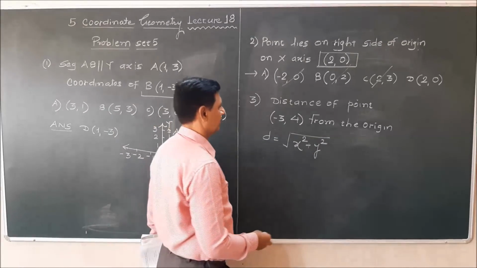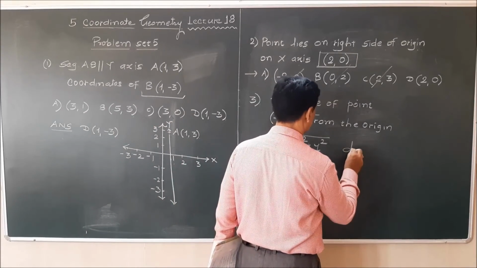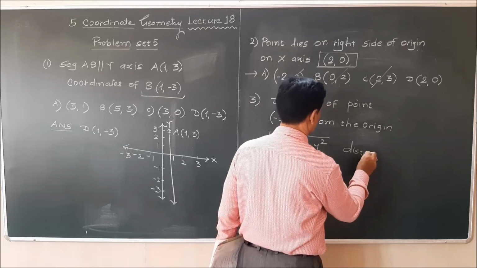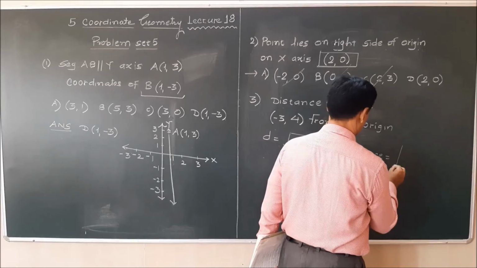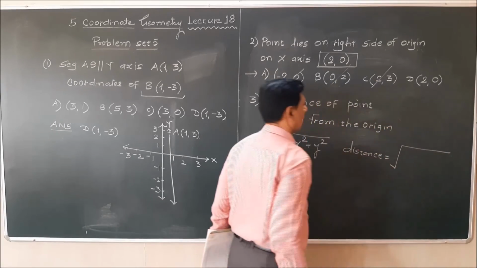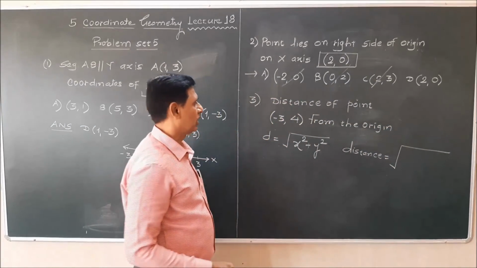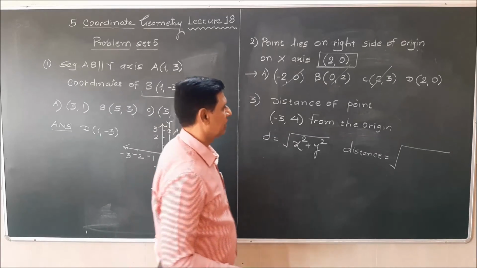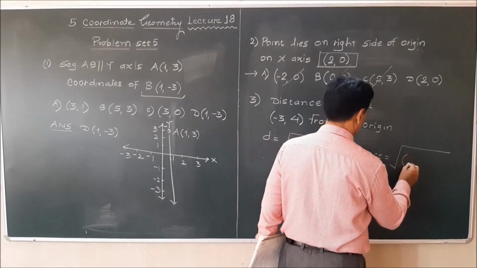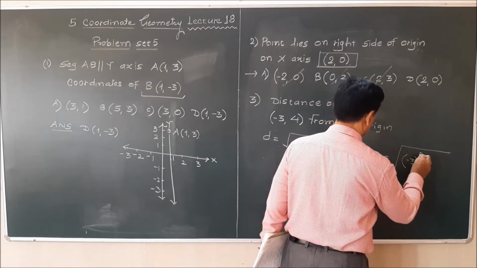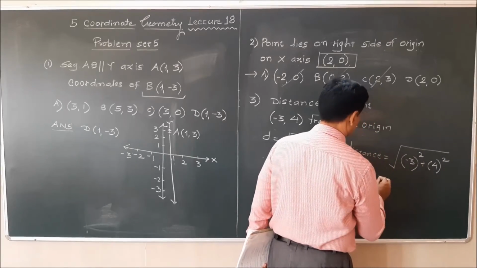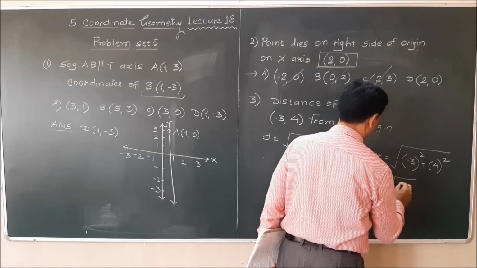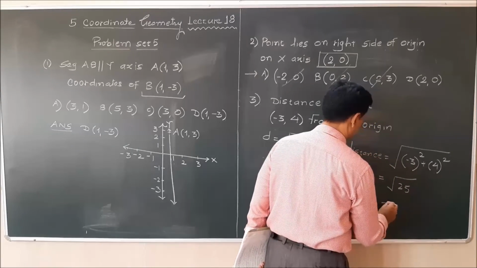In that case, the distance is equal to the root of (-3) squared plus 4 squared, which is the root of 25.